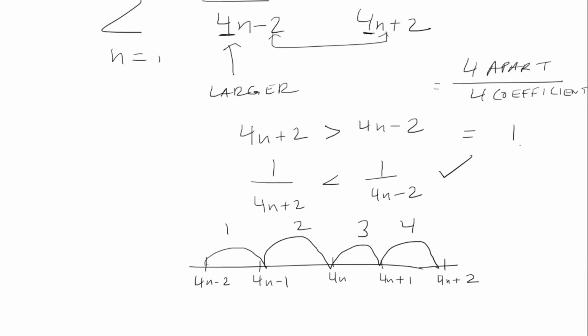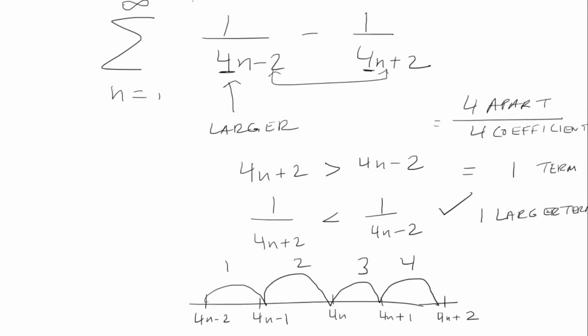This means we need only one term. Which term are we going to use? We'll always use the larger term. The larger one, we said, is the 1 over 4n minus 2. So we need one term of this.